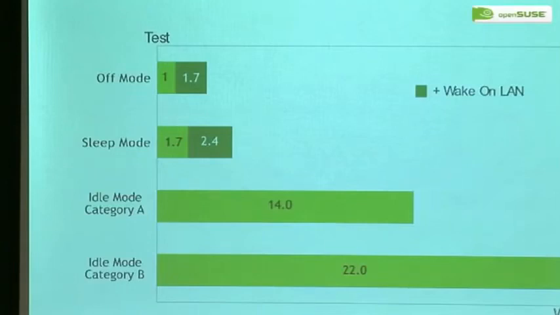It's just adding 0.7 watts to both modes. So I think that's pretty clear. In idle mode, category A laptops must not exceed the limit of 14 watts, and in idle mode, category B laptops must not exceed the limit of 22 watts.